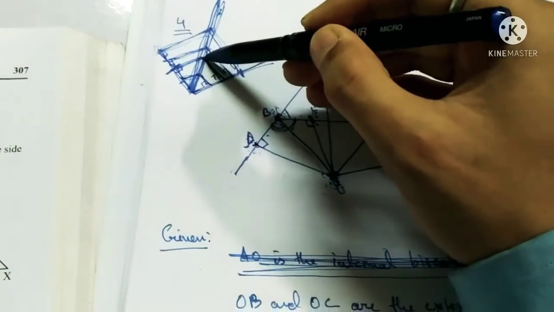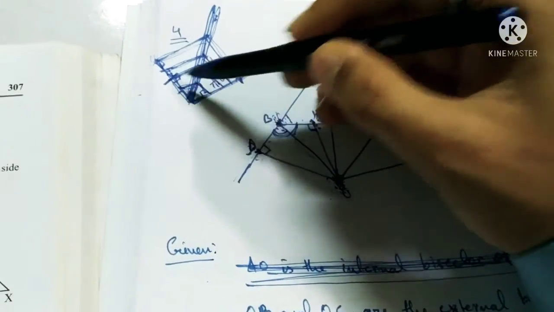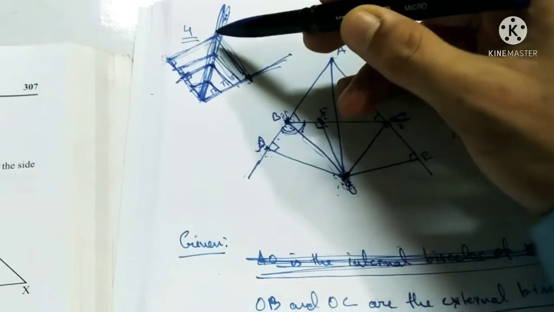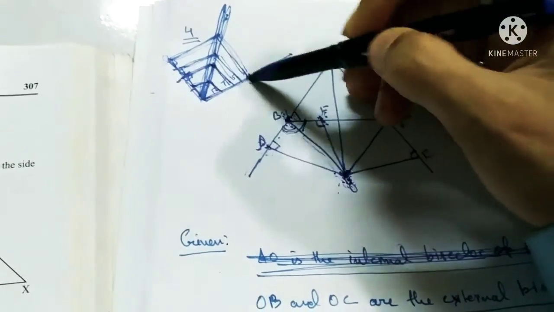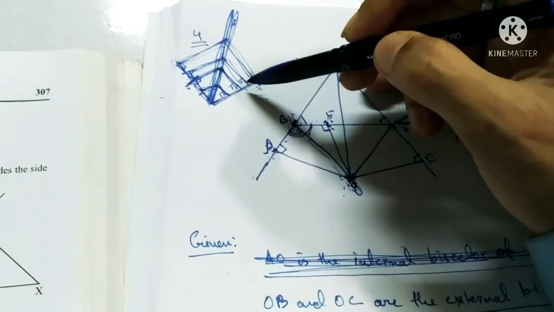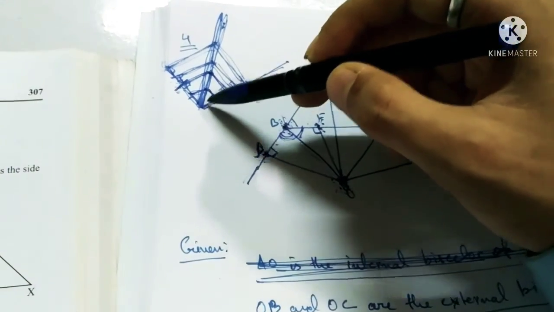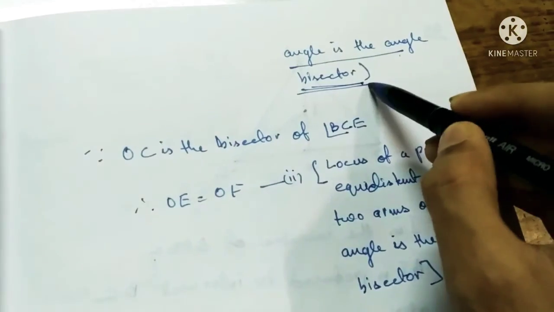That is, the point will be equidistant from the two arms of the angle, so those points will lie on the angle bisector. Therefore this one you will write: locus of a point equidistant from two arms of an angle is the angle bisector. Finished.